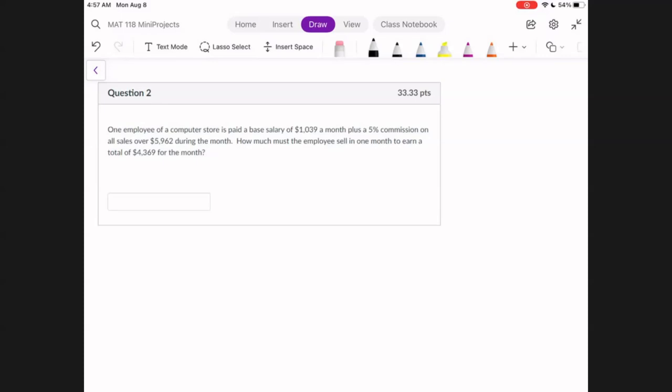Okay, so I know some of us might have worked retail. It's not the best thing, but hey, you got to do what you got to do. So if we look at this, we need to think about our salary. We get a base pay of the 1,039, and then we get a 5% commission.